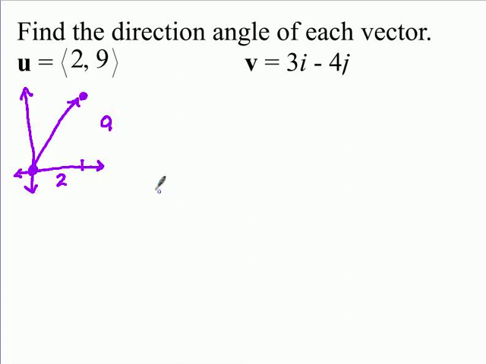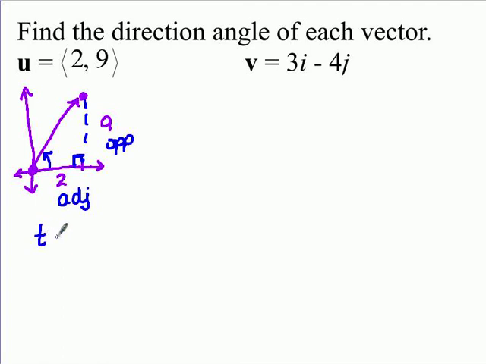So now I want to find the direction angle. So I want to find this angle right here. So to find that angle, I'm going to go ahead and label some sides. What side is 9? Opposite. What side is 2? Adjacent. So what trig function ties in opposite and adjacent?